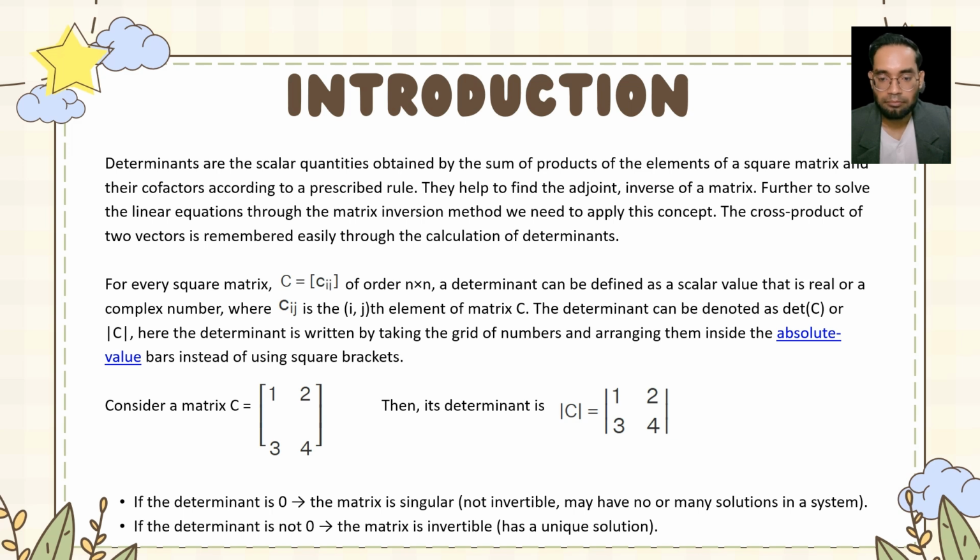Here our determinant is written by taking the grid of numbers and arranging them inside square brackets. That explains the notation of why we write |C| or Det C. And finally, if the determinant is 0, the matrix is singular, meaning it is not invertible. If the determinant is non-zero, the matrix is invertible, which has unique solutions. Let's move on to the next.